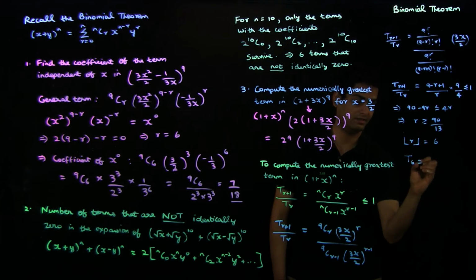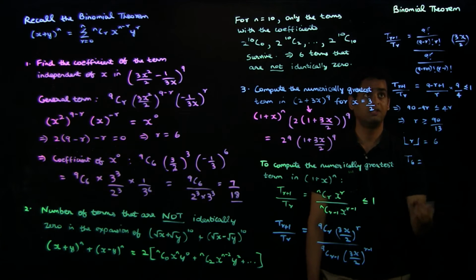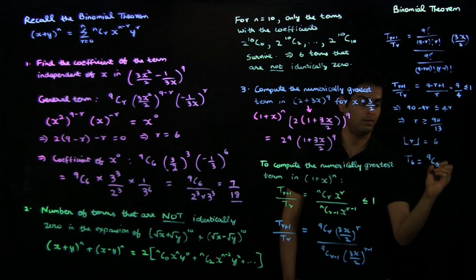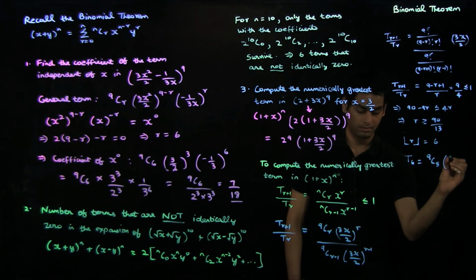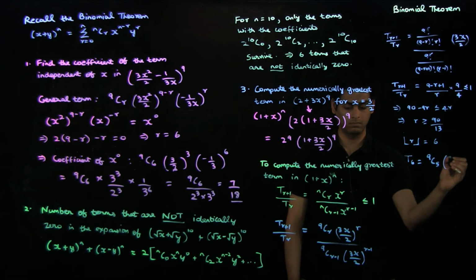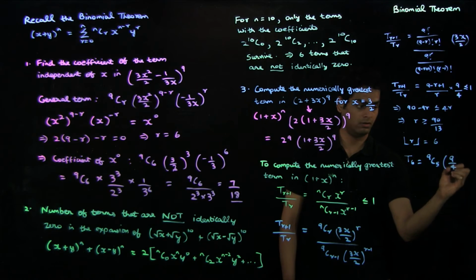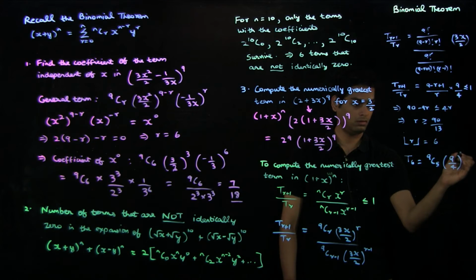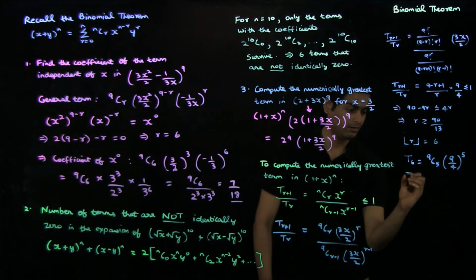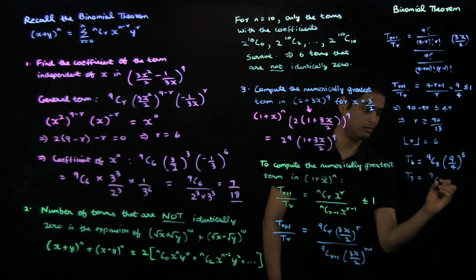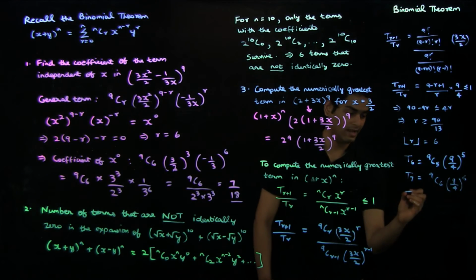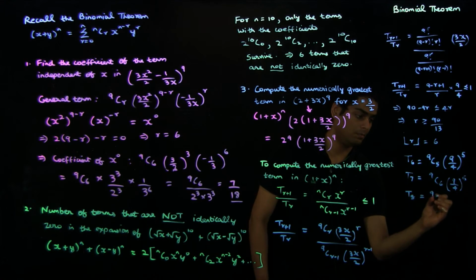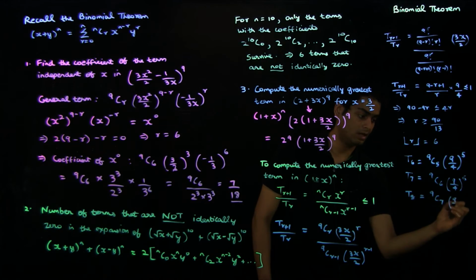So you have T6 in this case to be equal to 9C5 times 9 by 4 power 5, and you have T7 giving you 9C6 times 9 by 4 power 6, and you have T8 giving you 9C7 times 9 by 4 power 7.